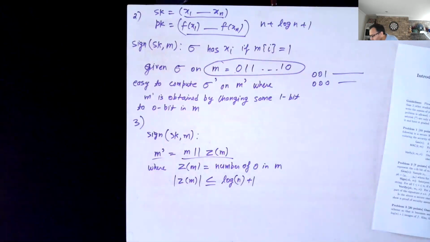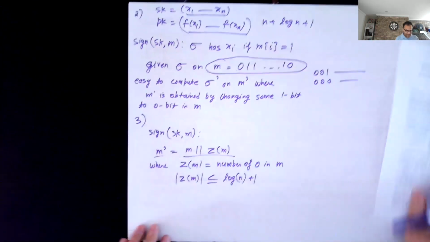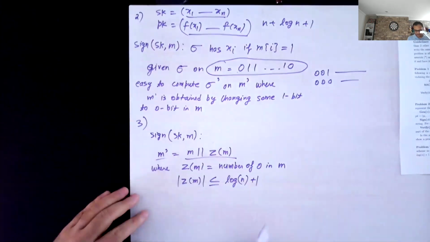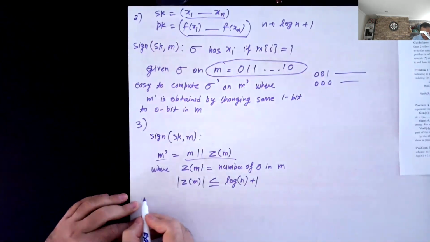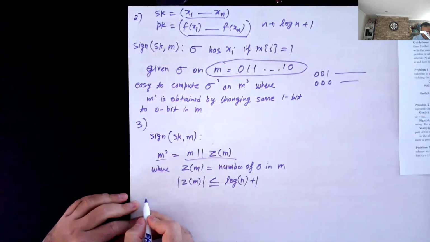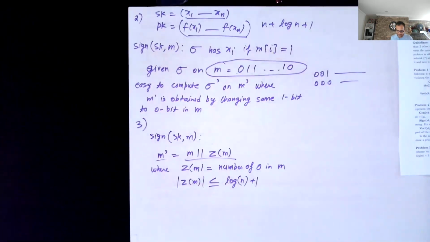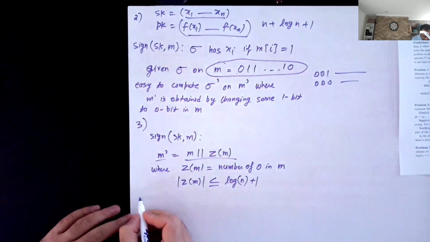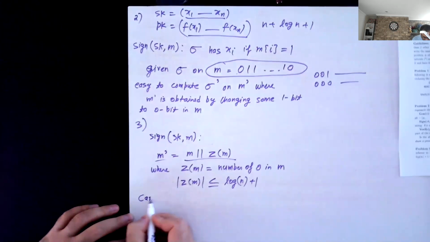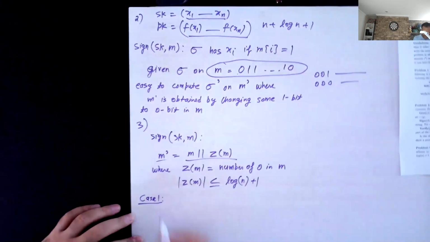Yeah, so it does not work if you count ones rather than zeros, and I'll go into more detail in the proof. Okay, so now let's say adversary is trying to forge the signature. And again, we are just trying to design a one-time signature scheme. Keep that in mind. So here we can consider two cases.